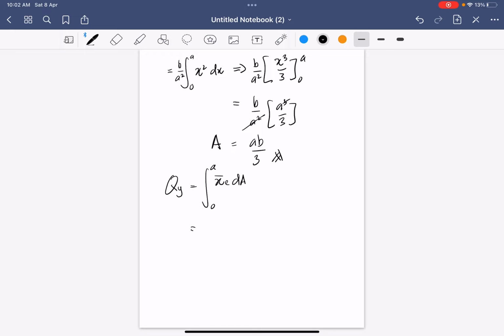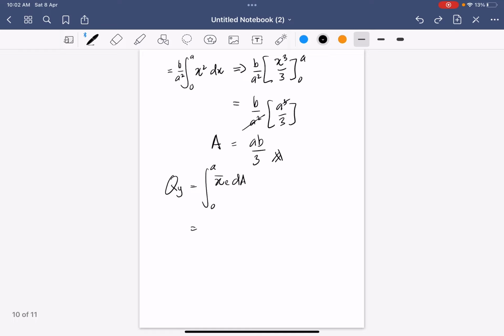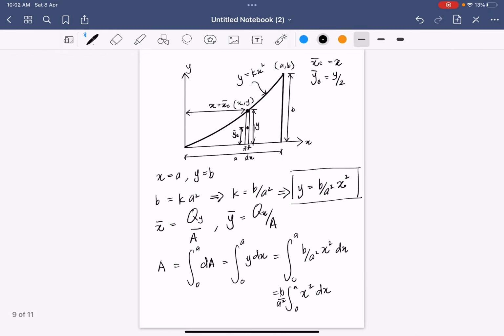Actually this x bar e has been defined previously, where it is equal to x. So we can replace that x bar e with x. So the integration becomes x dA, and this dA is y dx that we defined when determining the area of the spandrel.